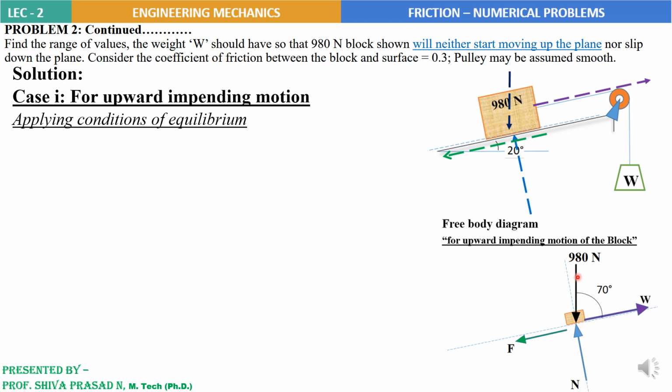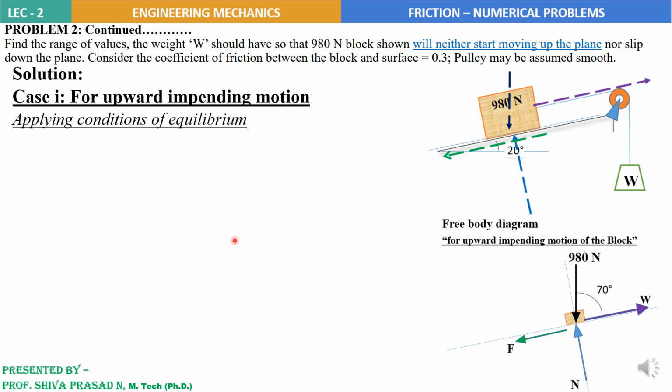Only one force we will have for resolution. If you consider true horizontal, you can do that also, but then you will have more forces for resolution. So for that convenience, I have chosen the inclined plane itself as the x-axis.